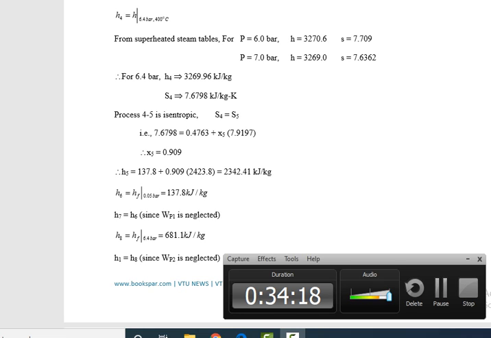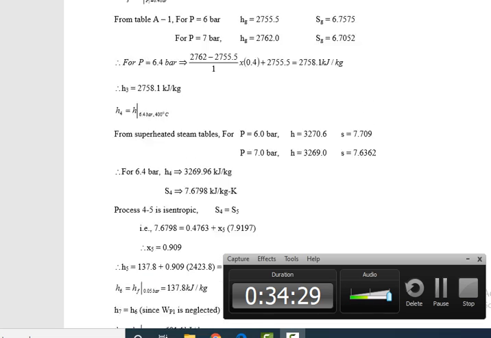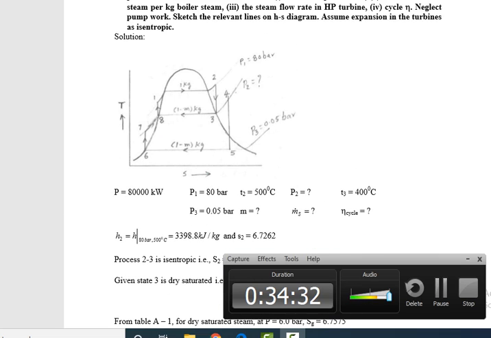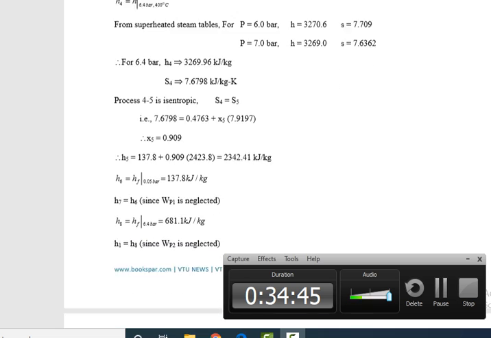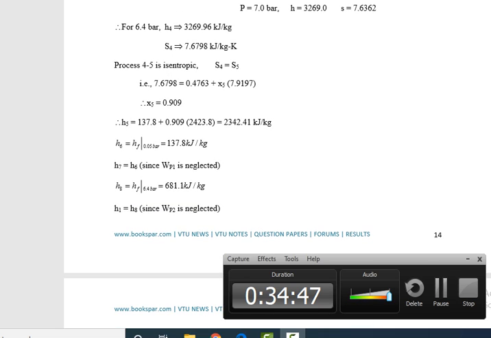Then from the dryness fraction you get the enthalpy at point 5: h5 equal to hf plus X5 hfg5. Now put the values and you get the enthalpy h5, which is nothing but 2342.41 kJ per kg.